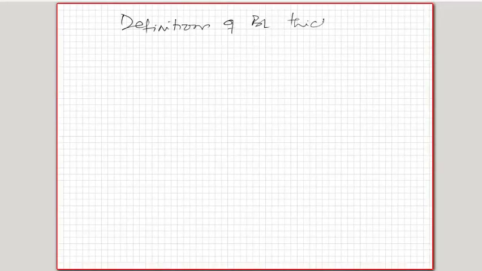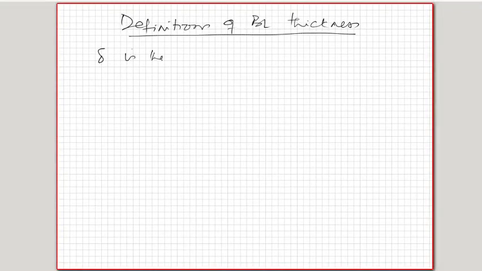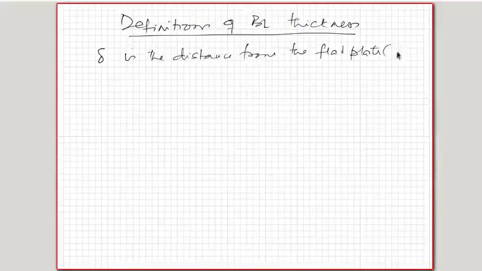The first thing we'll talk about is definitions of boundary layer thickness. So all of us understand this delta is the distance from the flat plate, or for that matter any solid surface.